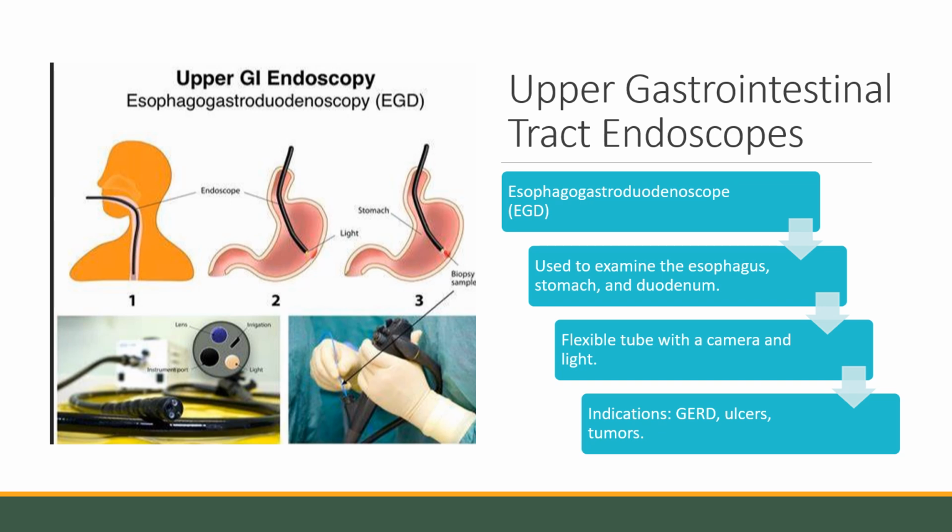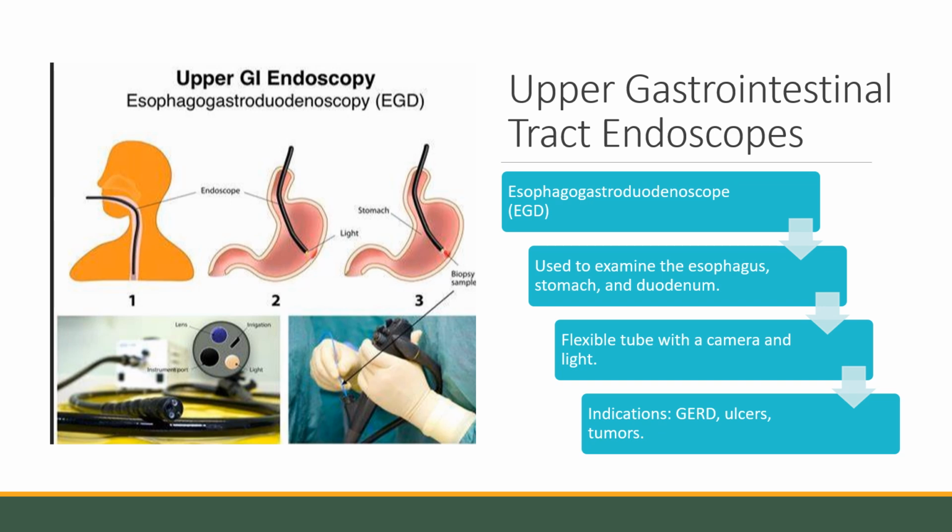Gastro refers to the stomach, and duodeno refers to the first portion of the small intestine. So this endoscope is going to visualize all of those structures, the esophagus as it passes through the esophagus down to the stomach and into the first portion of the small intestine, which is the duodenum.